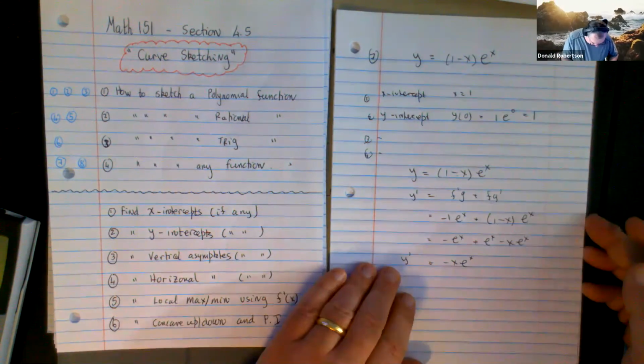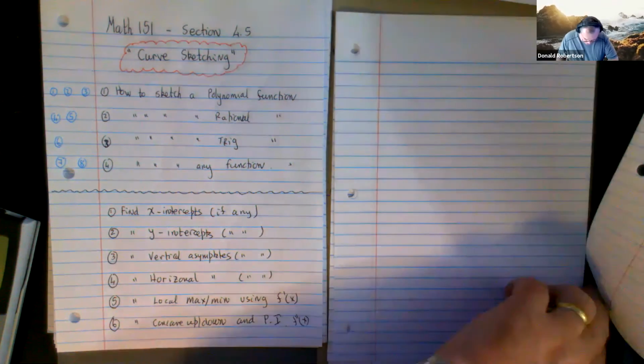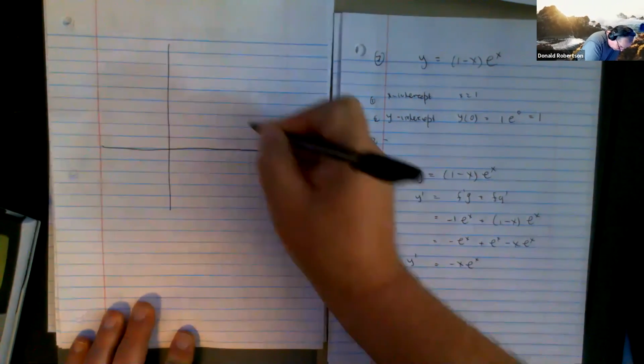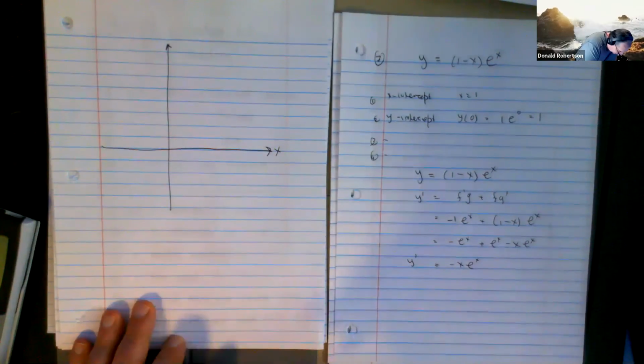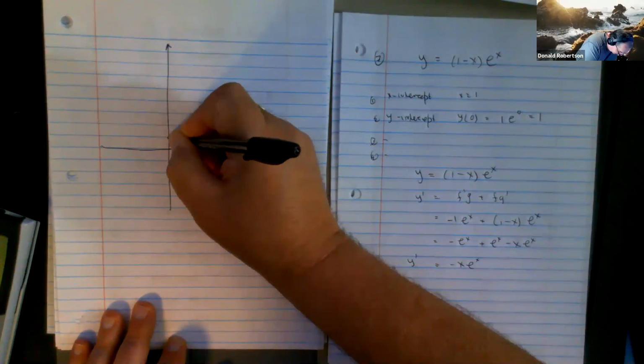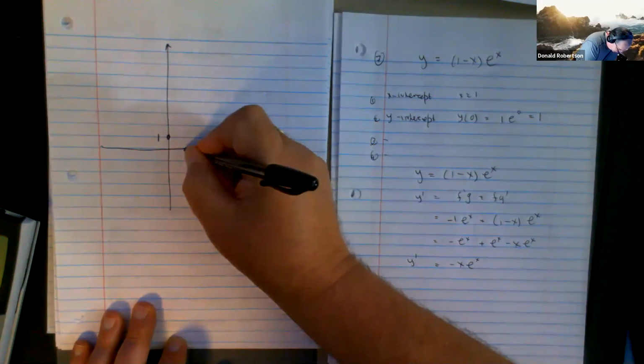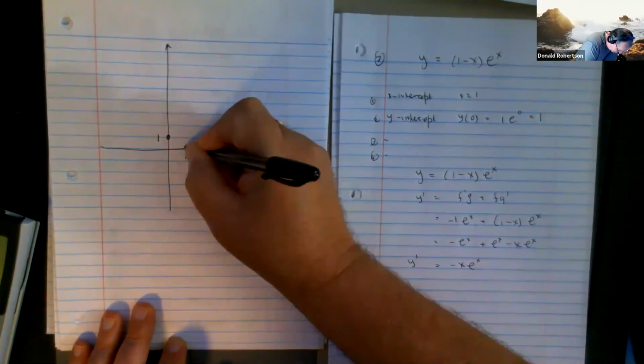So what do I know right now about my function? I know its x and y intercepts. It has a y-intercept there, and it has an x-intercept there.